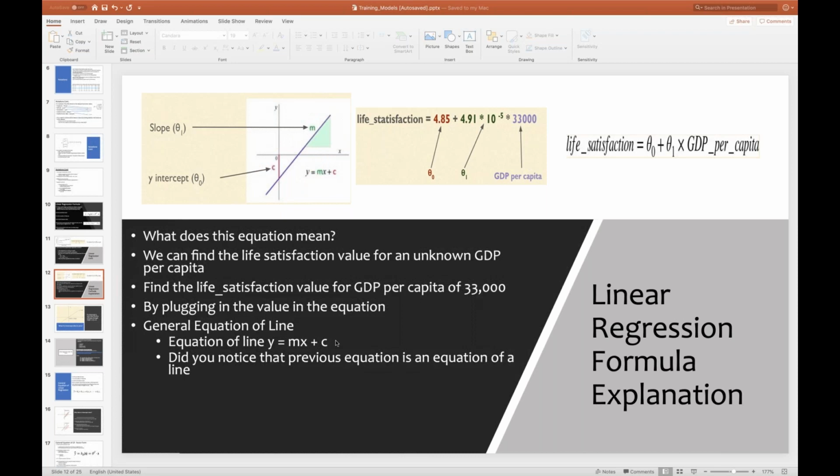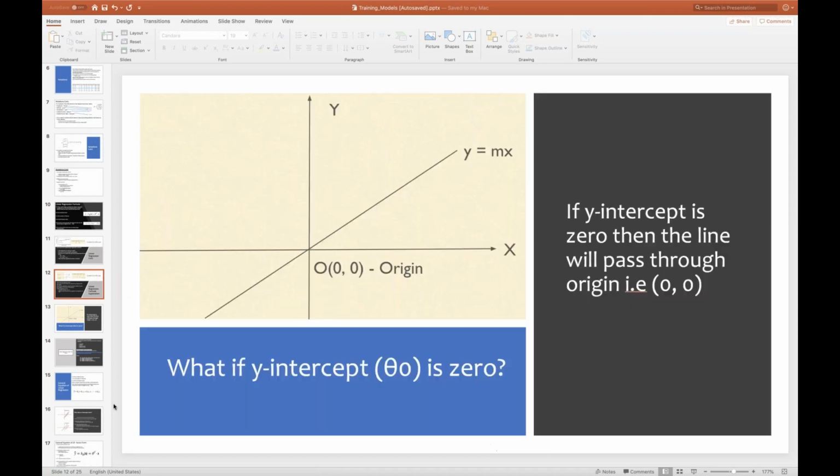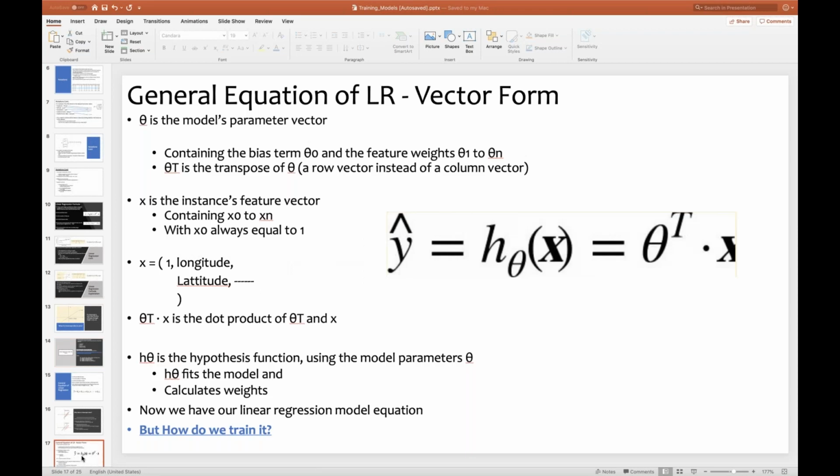Perfect. That's good. That's definitely good. Now let me go back to the pointer. We are here. Okay, now you understood theta in here.